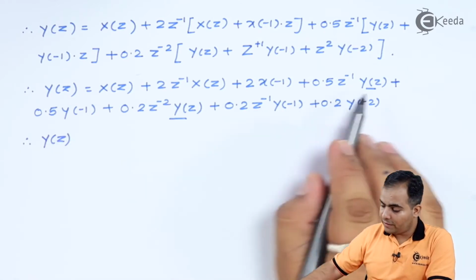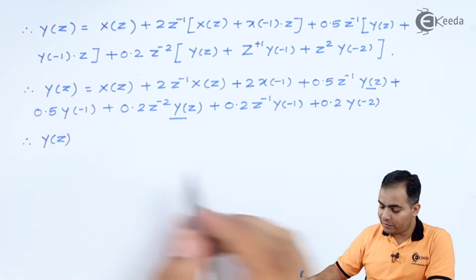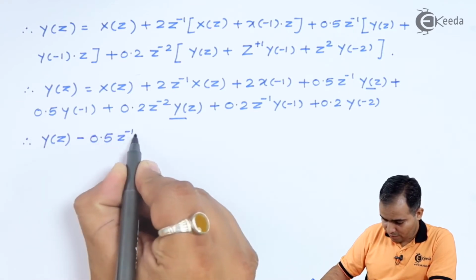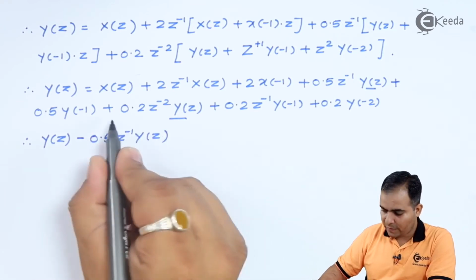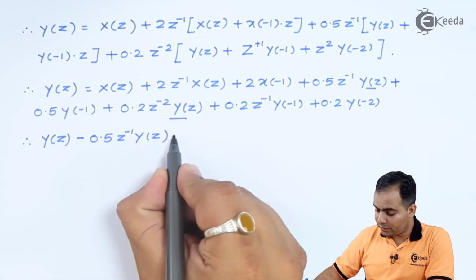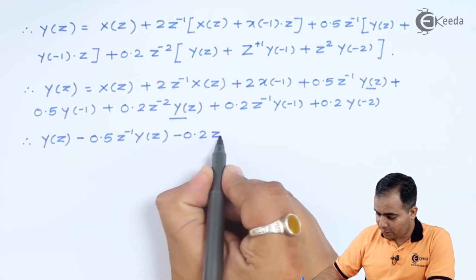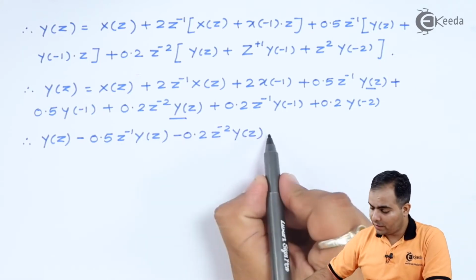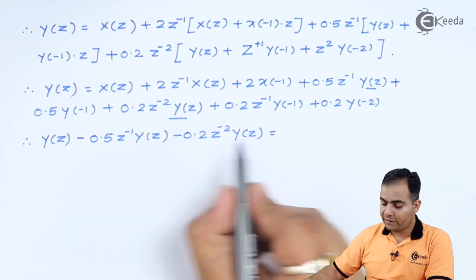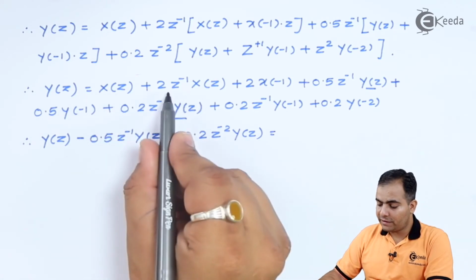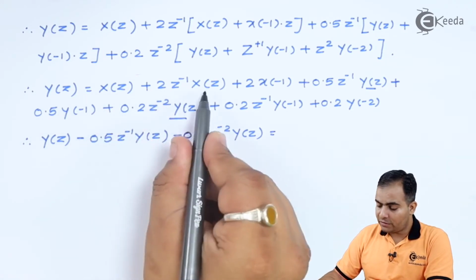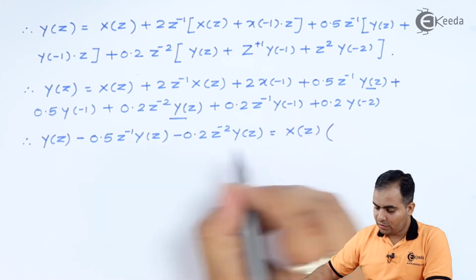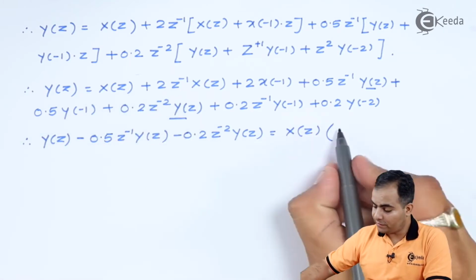So y of z minus 0.5 z inverse y of z, then this one is also shifted to the left, so minus 0.2 z to the power minus 2 y of z. Now on the left hand side, what we will get is this x of z, and x of z I can take common, so you will get 1 plus 2 z inverse.